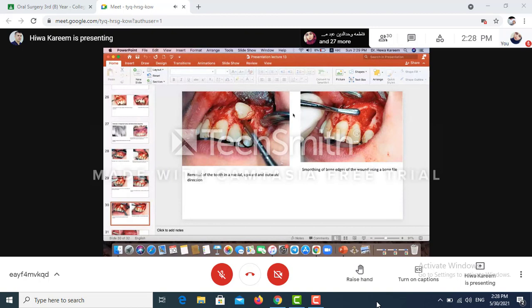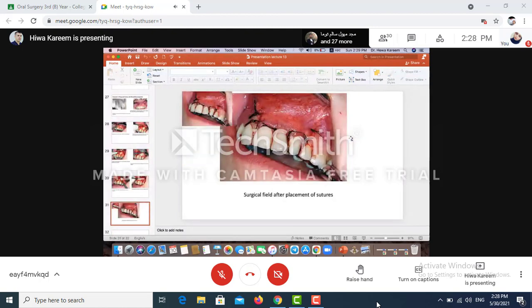Like this, remove the tooth and smooth the sharp edge of the bone by bone file. After that, return the flap to its original position and suture it using silk like this. This is the trapezoidal flap.